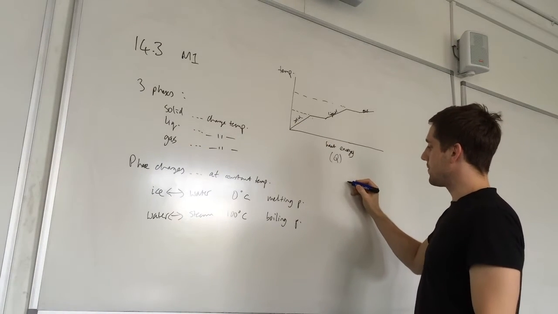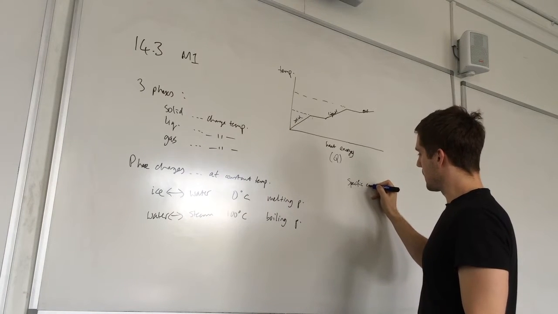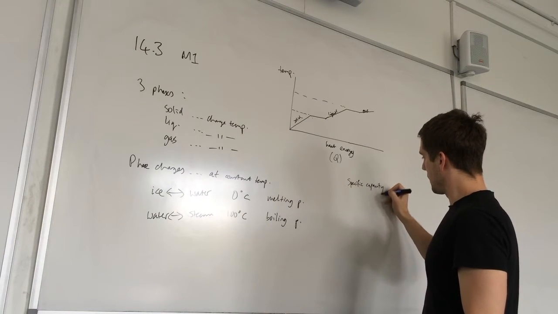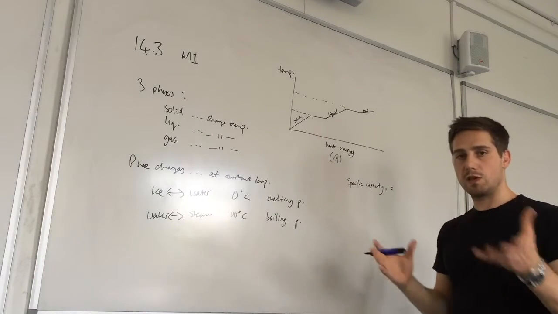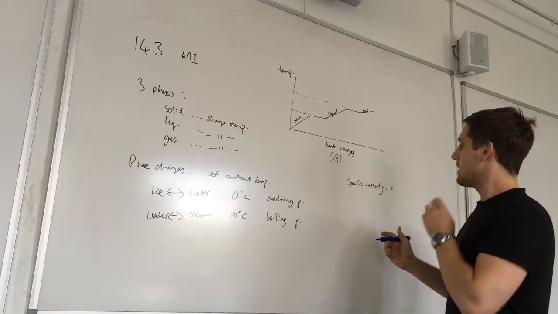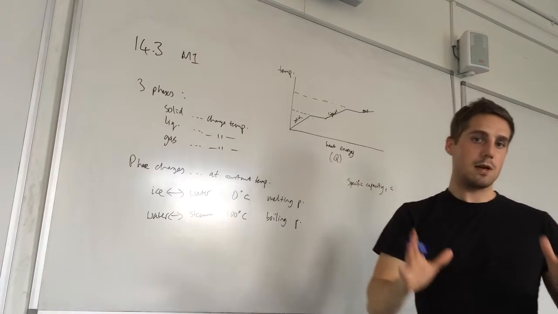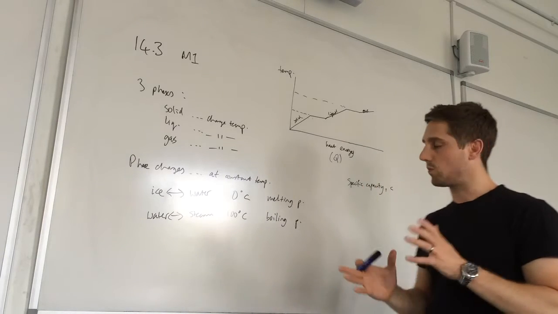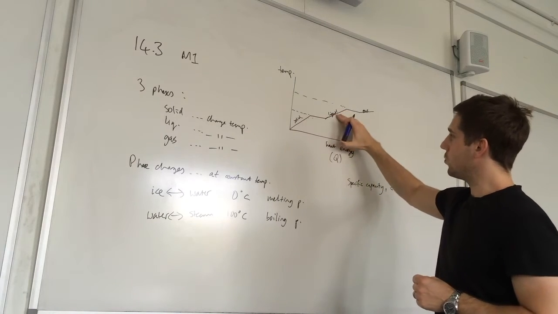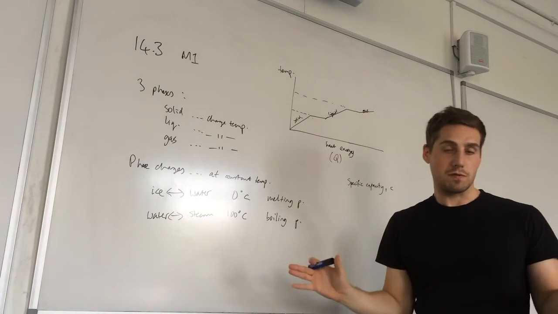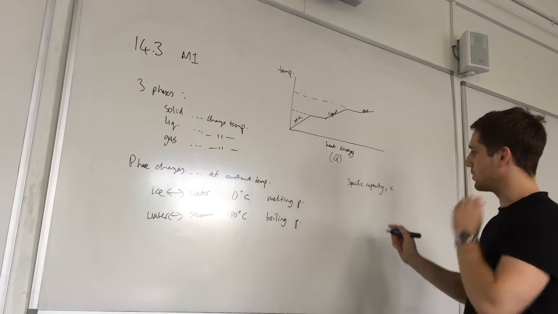So we have specific heat capacities, and those specific heat capacities are different for each type of material that you might be considering, and also each phase of matter has a different specific heat capacity as well. So ice, water and steam all have different specific heat capacities. That's actually why the gradients are changing there as well.